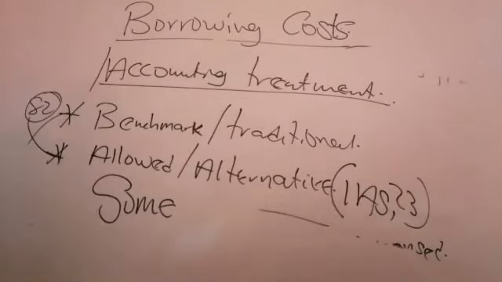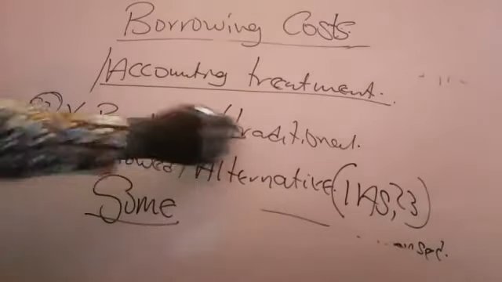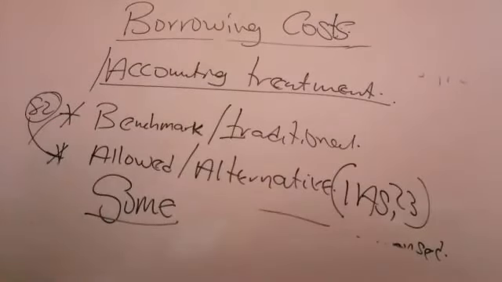So some of the borrowing costs, or we can draft it like all eligible borrowing costs must be what? Capitalized. So some of the borrowing costs that are eligible must be capitalized. That is it. Meanwhile, traditionally, all borrowing costs, whether you qualified or not, must be expensed. Then we are done. Good. So that is the treatment.